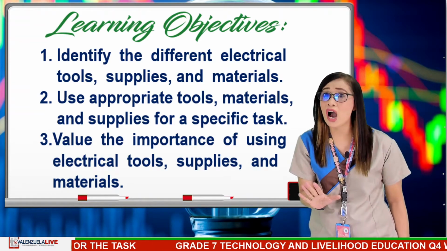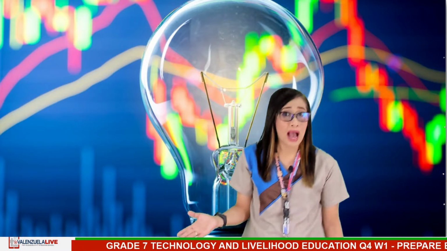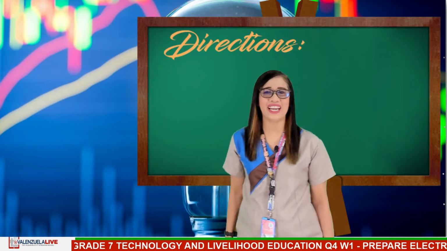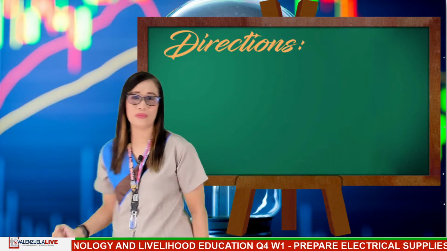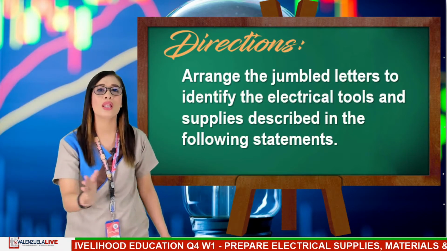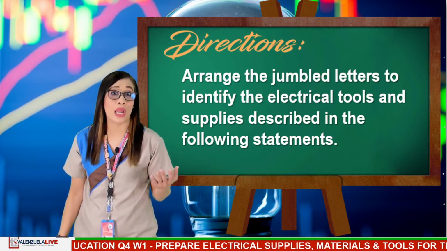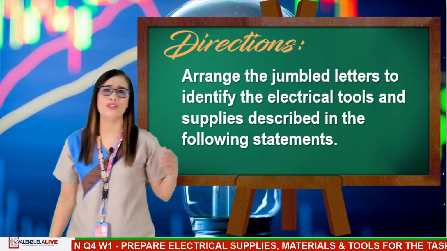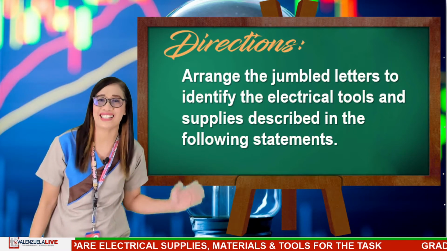Let's find out what to discover in our lesson by answering what's new. Direction: arrange the jumbled letters to identify the electrical tools and supplies described in the following statements.